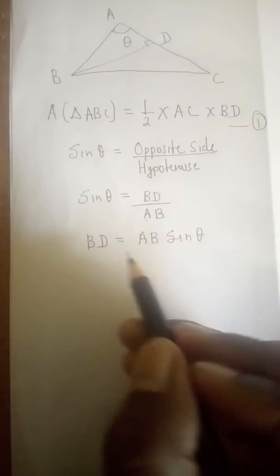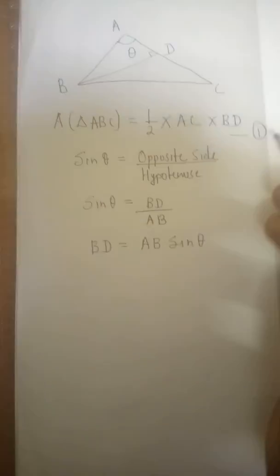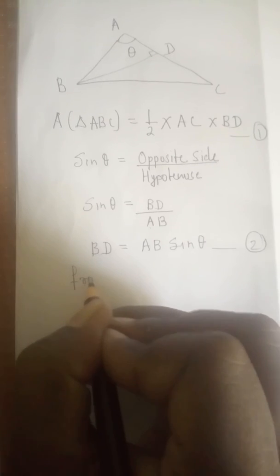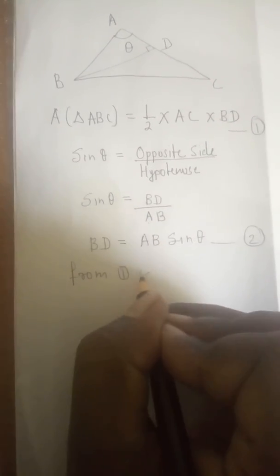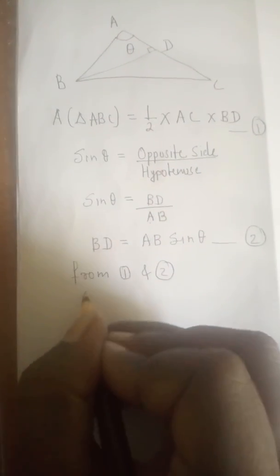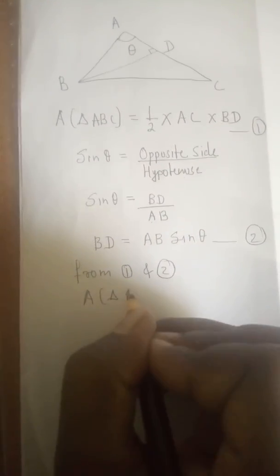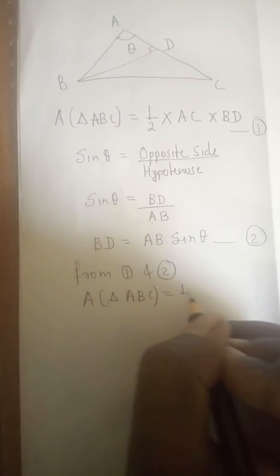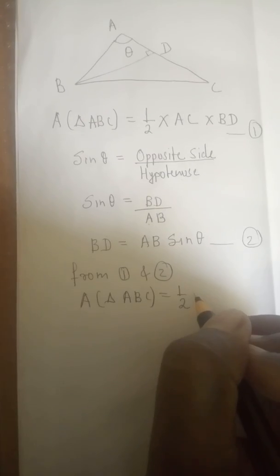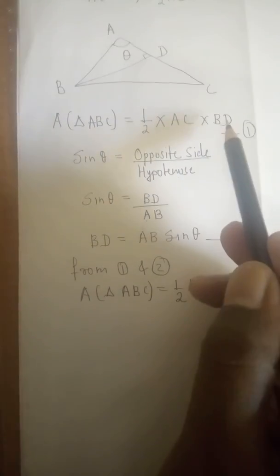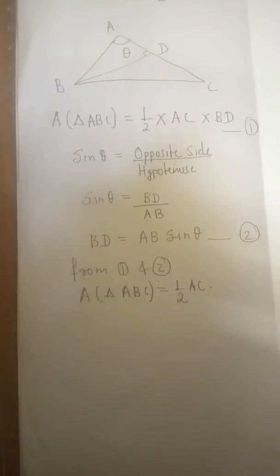So after this, we got this value of BD. We will substitute it in equation 1. From 1 and 2, we can say that area of triangle ABC equals half AC, and instead of BD, we can write AB sine theta.